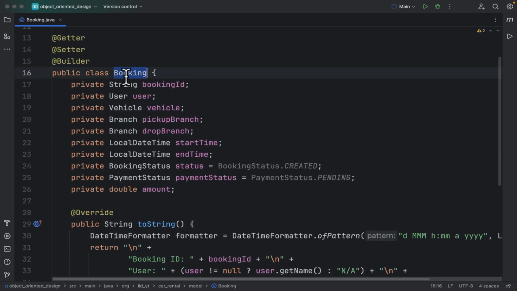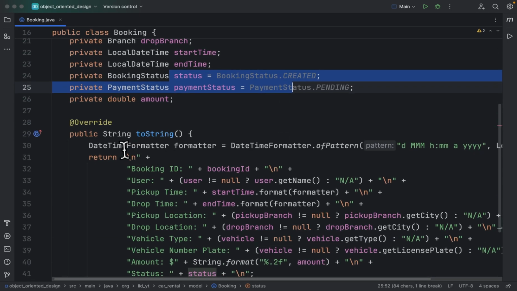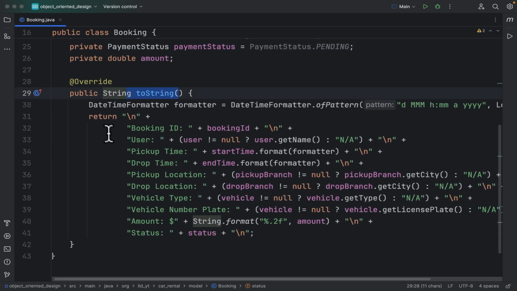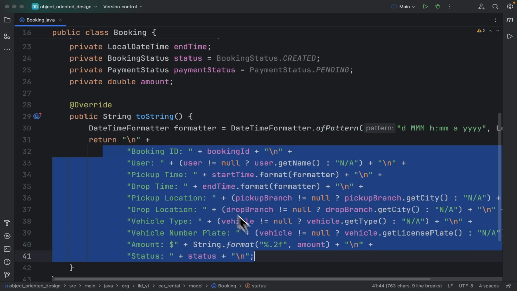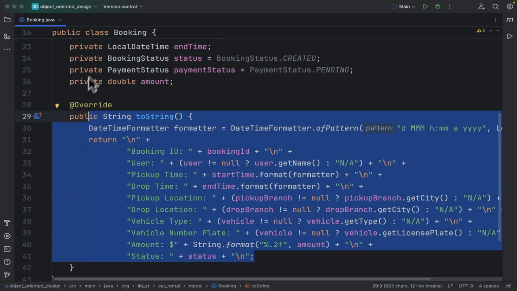Initially when the booking object is created, the status of the booking would be in the created phase and the payment of the booking would be in the pending state. Okay. Later on it will be changed. And I'm using this toString function so that I can print the booking object in a nice way.